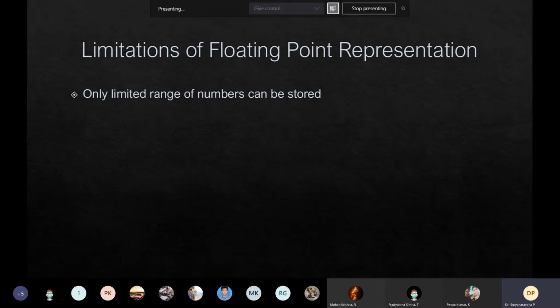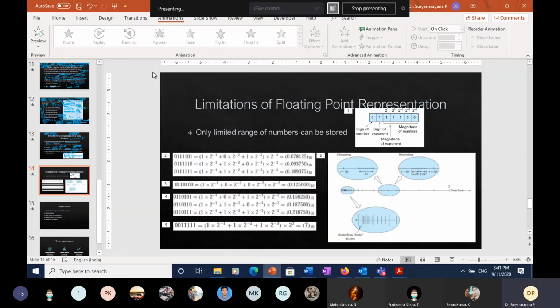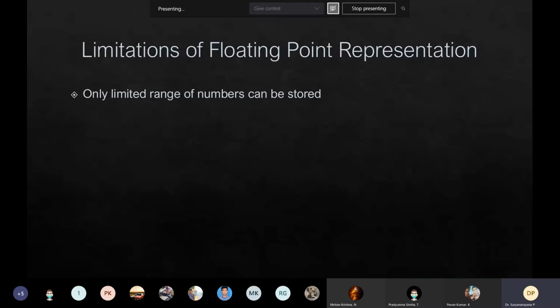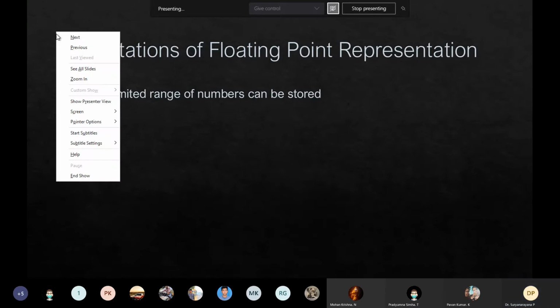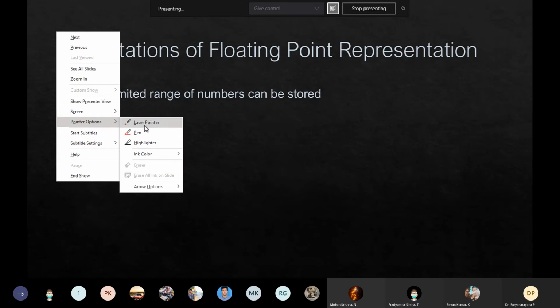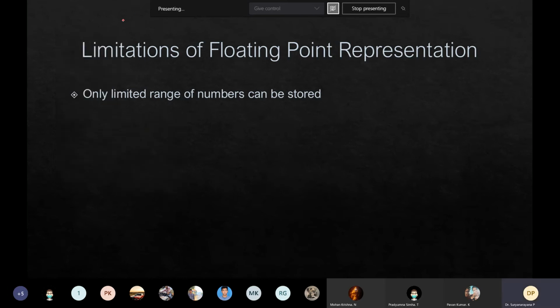Now see, in reality, in modern computers, we typically use 8 bytes or 16 bytes to store a floating point number.